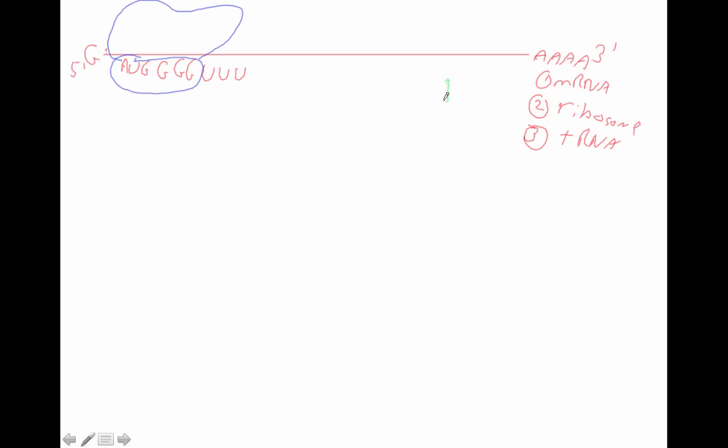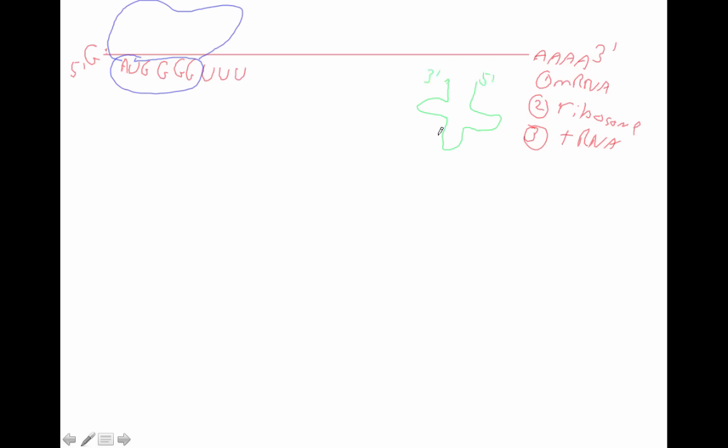But a tRNA looks something like this. It's going to bind over here to the 5' end of this messenger RNA, and this being an RNA molecule, it still has to follow the same rules of antiparallel and complementarity. So we have our 3' end here, and our 5' end here.